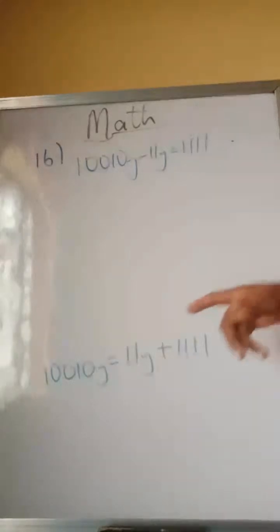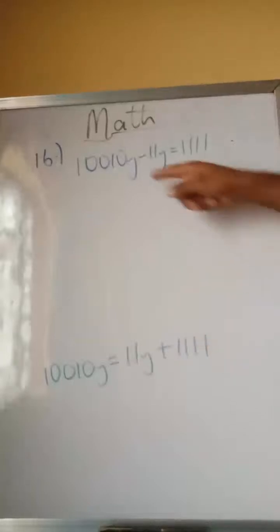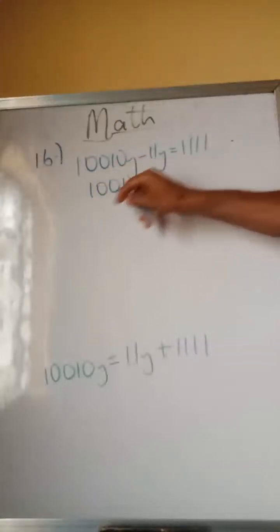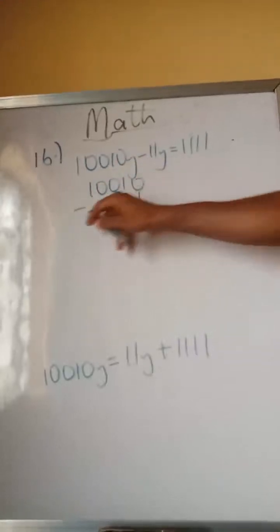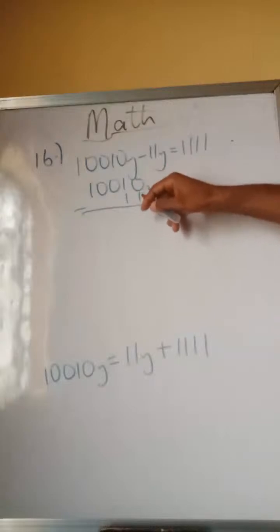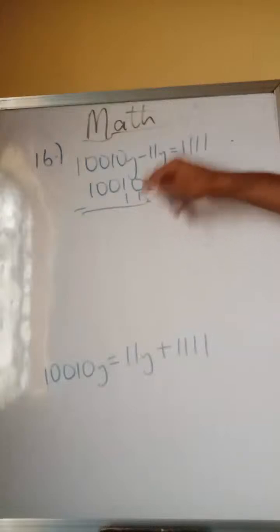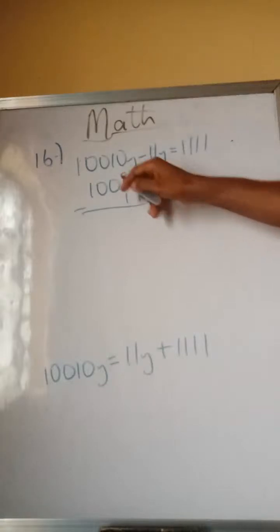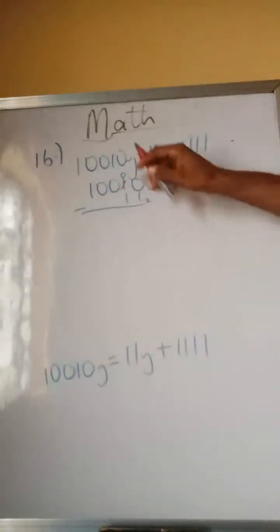All right, let's try subtracting this. Now you see it's in base 2. And so if you're going to subtract, in this case, you can't remove 1 from 0. So what you do is you collect 1 from here, and when it goes back, it goes as the base.